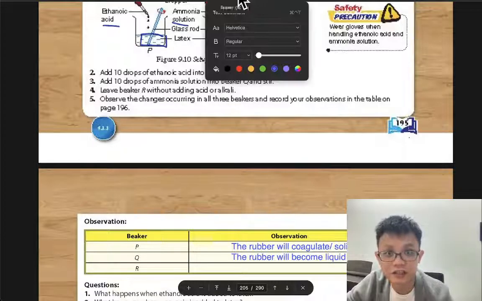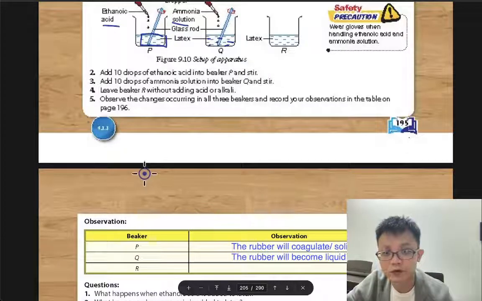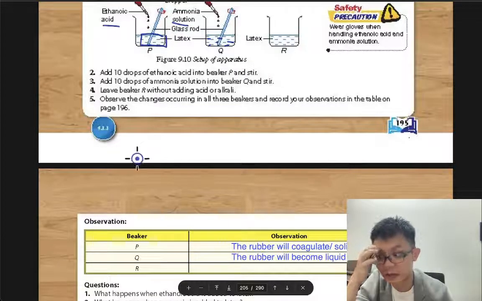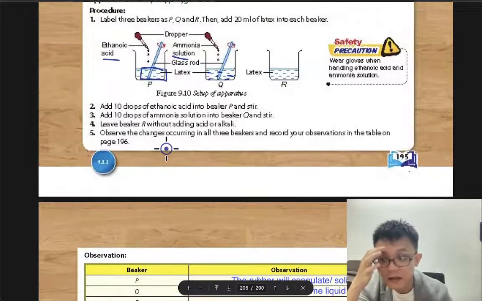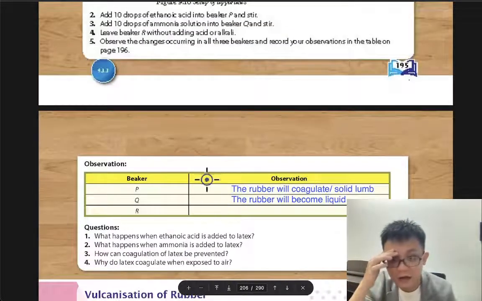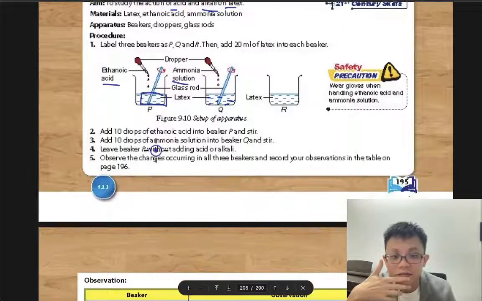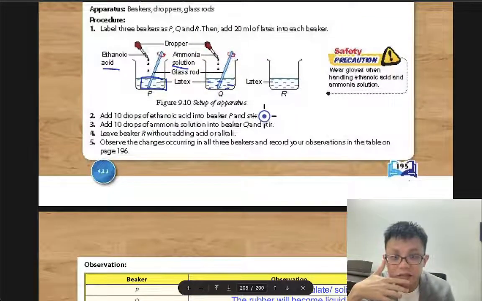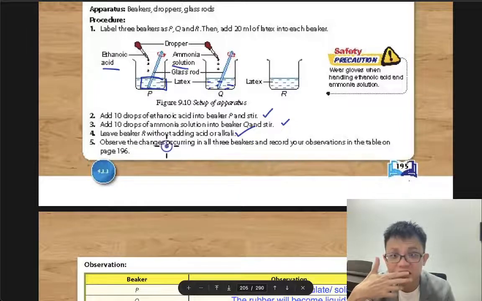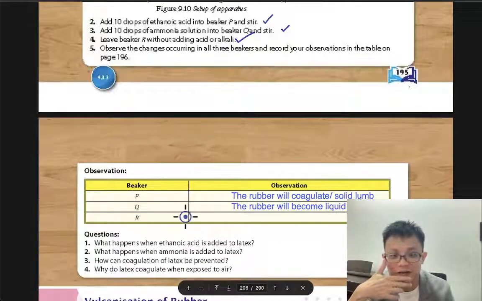But if you leave it too long, let's read this, what they say is a KBAT question. Add 10 drops of P, stir it, leave it without acid. So probably no change. I thought I wanted to say it becomes solid.